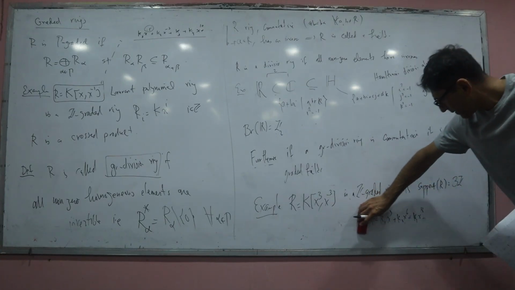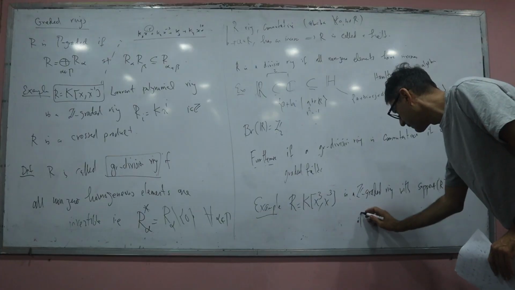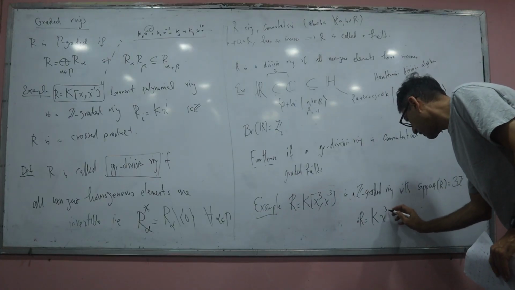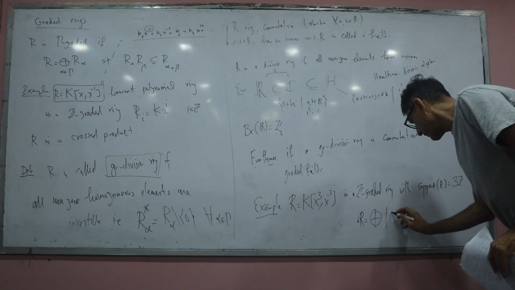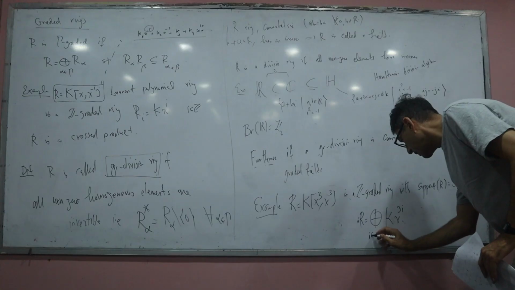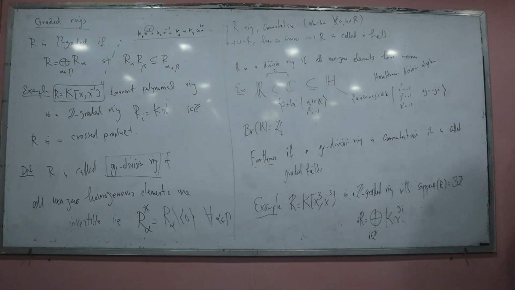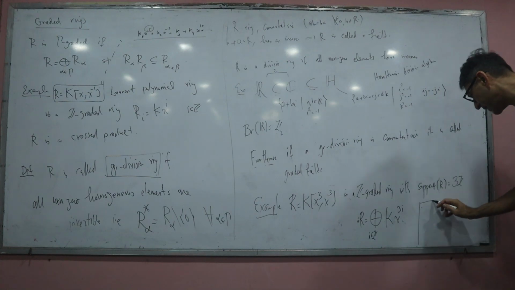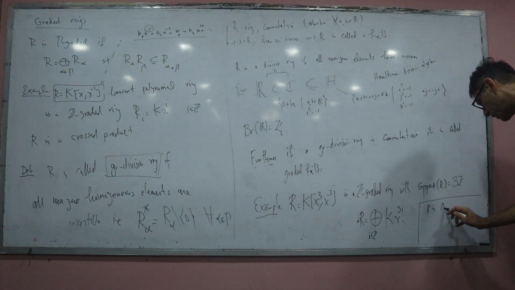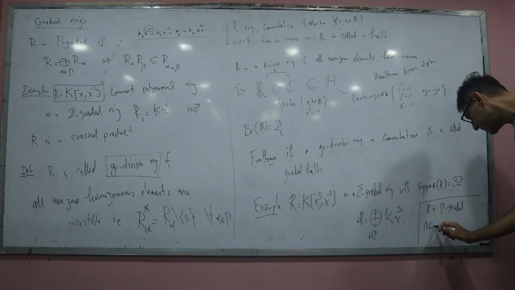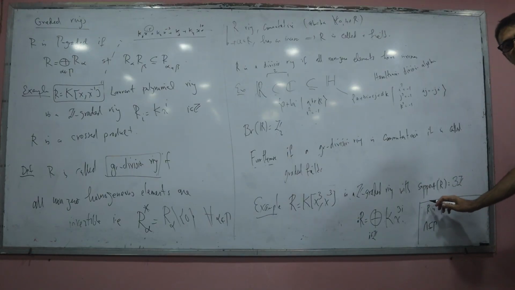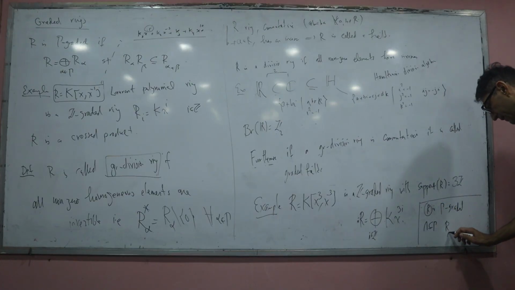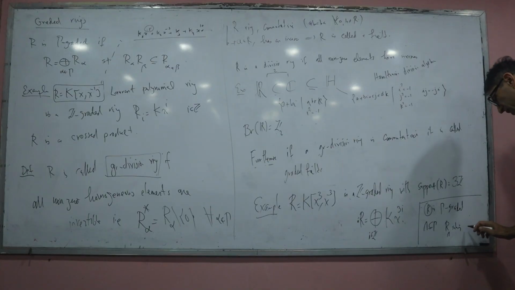So R is the direct sum of k x^(3i), i coming from Z. In fact, remember we had a case that if R is gamma graded, and lambda was a subset, then I could construct a subring of this, which is, okay, this is graded, but I want this to be also gamma graded.